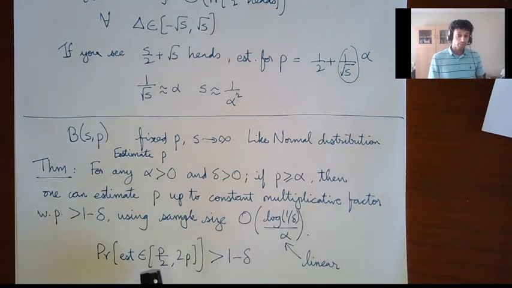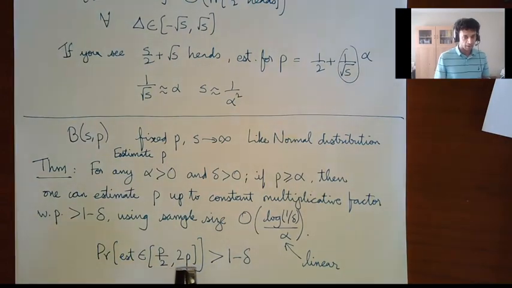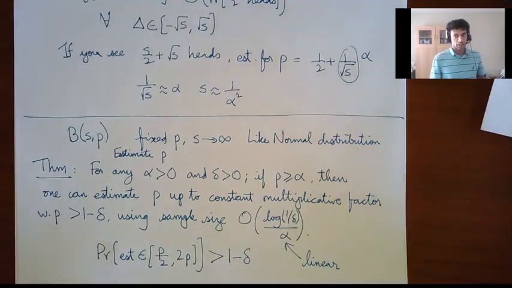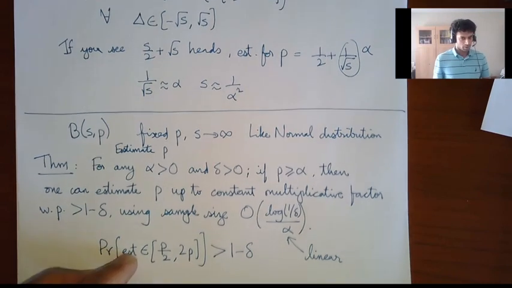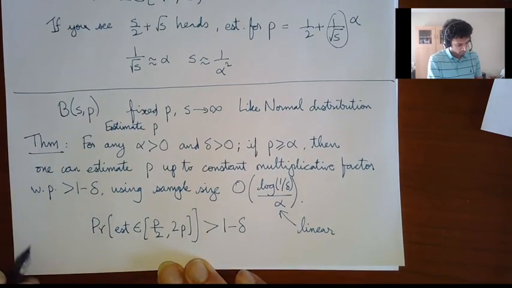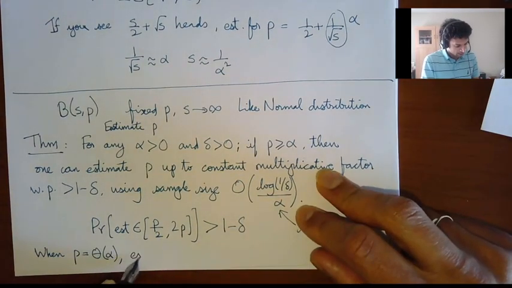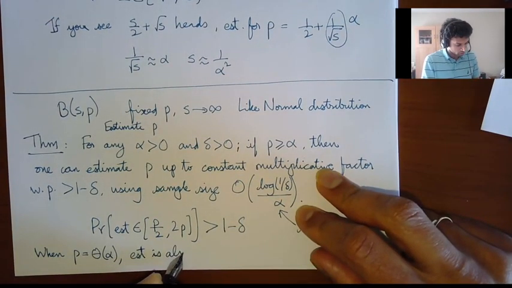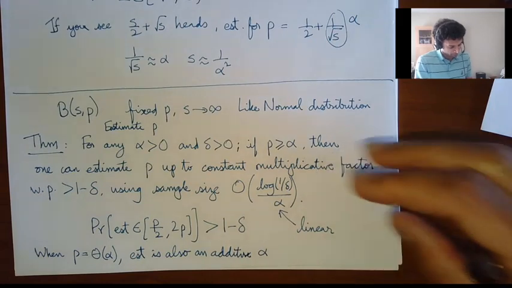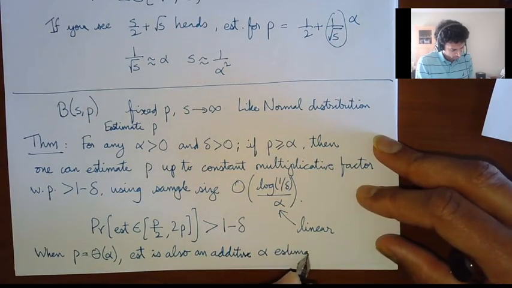So note that when p is actually alpha, my estimate is also an additive alpha estimate. I'll write this down. When p is actually theta of alpha, then the estimate is also an additive alpha estimate.